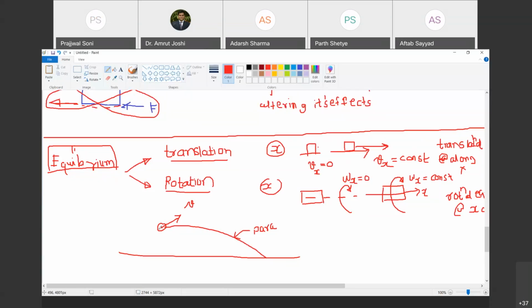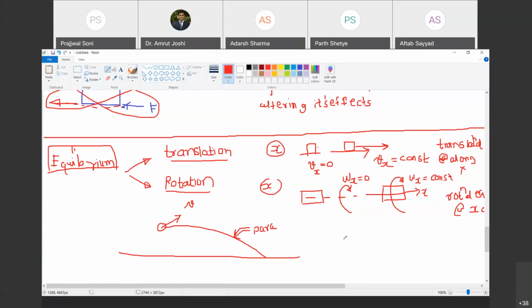So this is parabolic. This is projectile motion. Are you with me? Yes sir. Tell me, the body is not rotating about XYZ axis. We are just throwing it. So is the body in rotational equilibrium about all the axes?